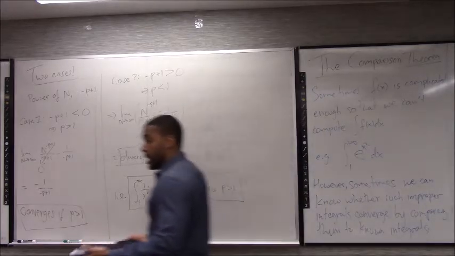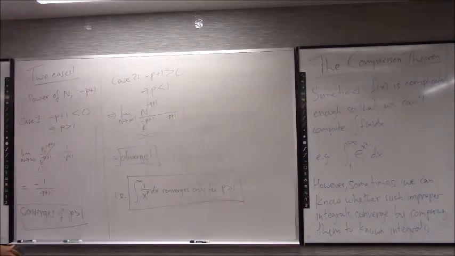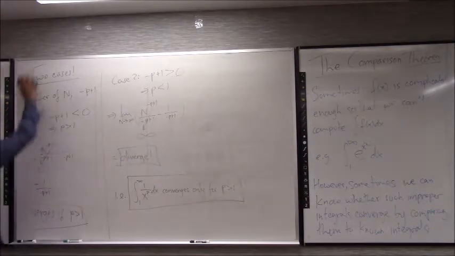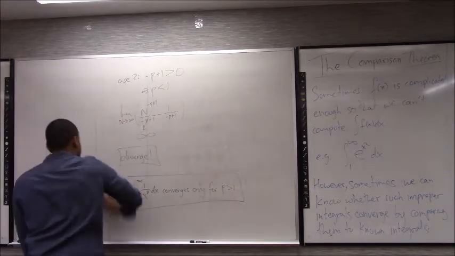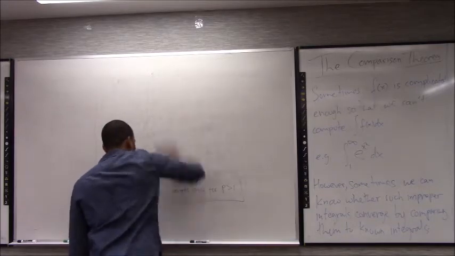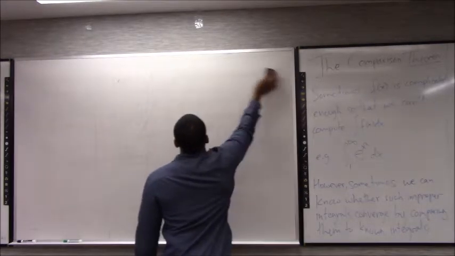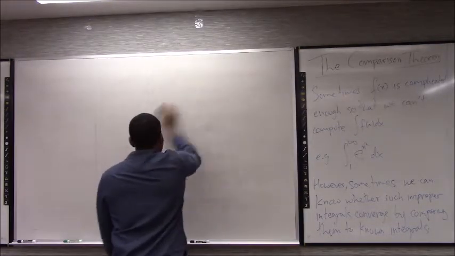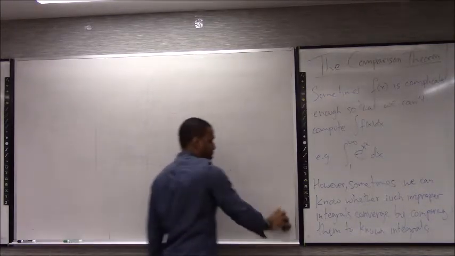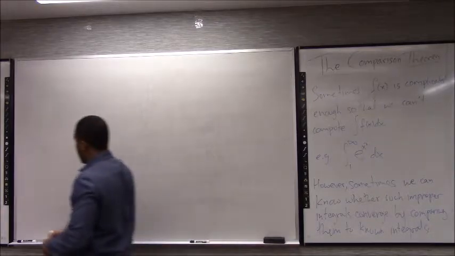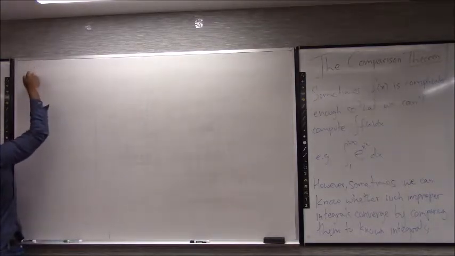And there's an analog of this in series as well, so this is an idea that we will come back to. It's a very important theorem. At first, me writing it down, the idea might seem a little confusing, but really it's a very intuitive idea. So the theorem goes something like this.